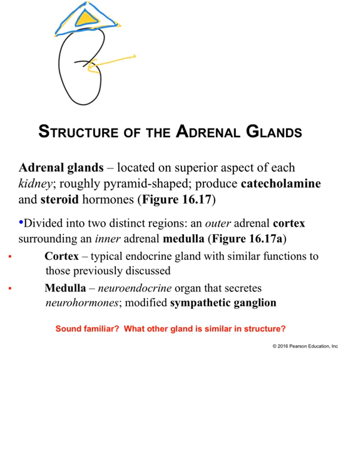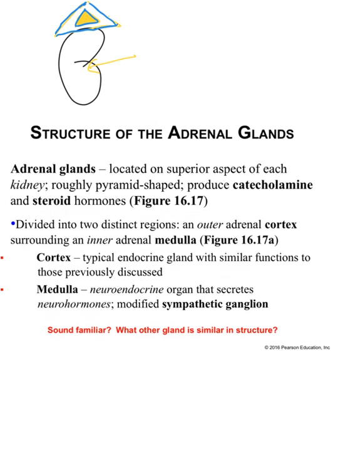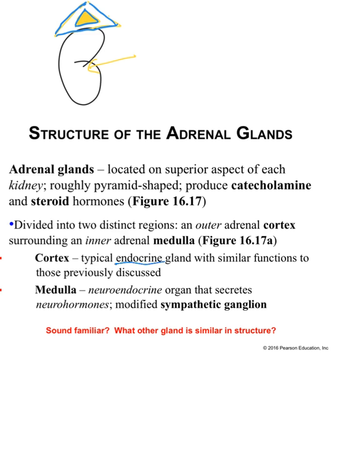the cortex. And of course, you need to be specific in lab and say adrenal cortex because there are other cortices in the body by other organs, including the cerebral cortex, the cerebellar cortex. So make sure you're really specific. The cortex is a typical endocrine gland, so what that means is it's going to secrete, make, and release hormones.